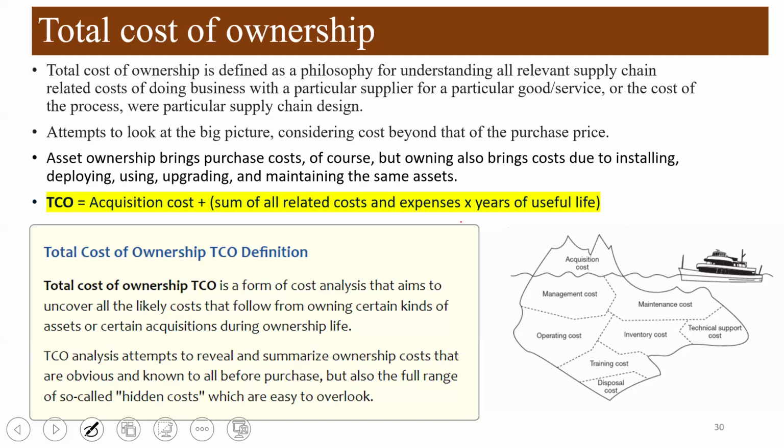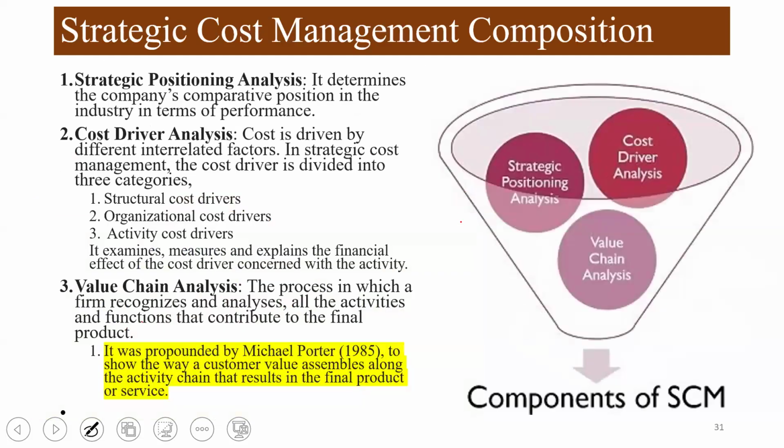Okay, so then I explained the strategic cost management composition, and under that, three things: strategic positioning analysis, value chain analysis, and cost drivers. For cost drivers, I explained the structural cost driver, organizational cost driver, and activity cost driver.